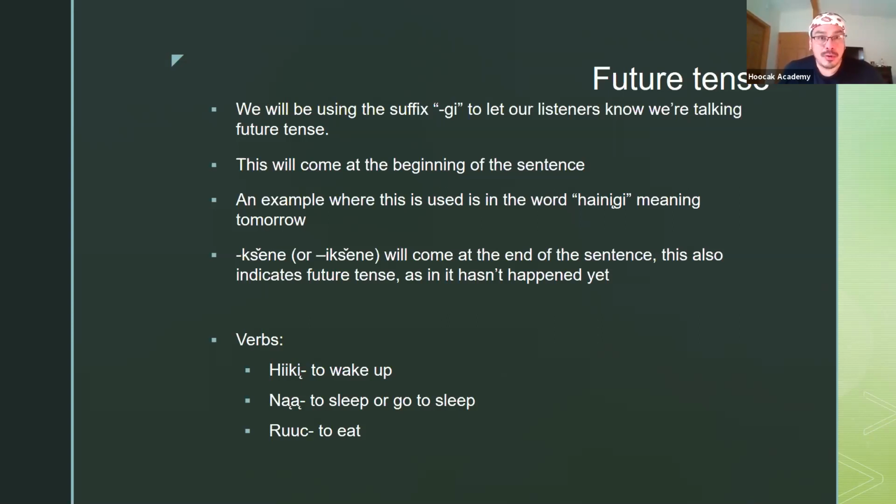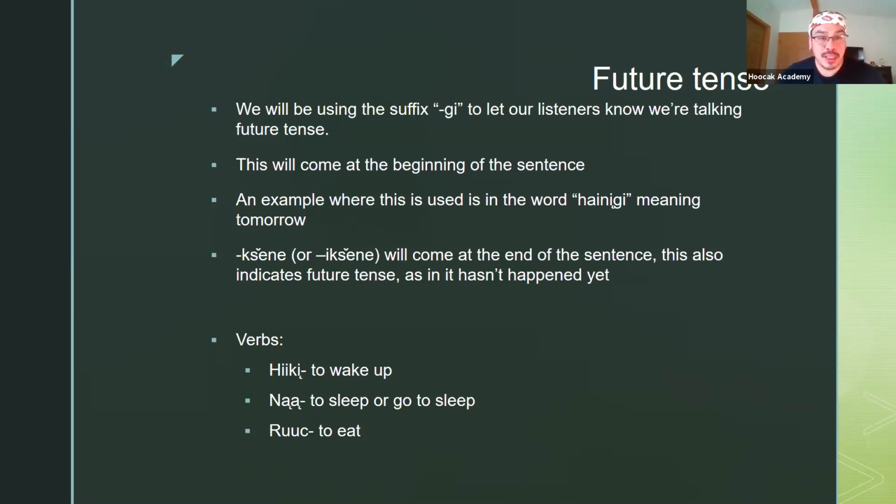An example where this is used is in the word heiningi, meaning tomorrow. Another thing to know is shane. At the end of the sentence, this also indicates future tense as it hasn't happened yet. So that's going to be attached to the verb.